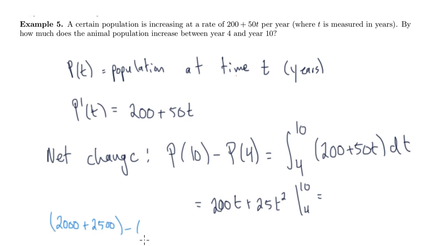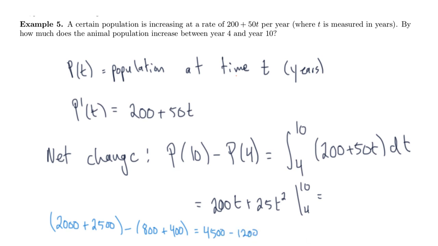And then minus, well, 4 times 200, that's 800. And then let's see, so 25 times 4 squared, or 25 times 4 times 4, that's 100 times 4. So plus 400. So this looks something like 4,500 minus 1,200.